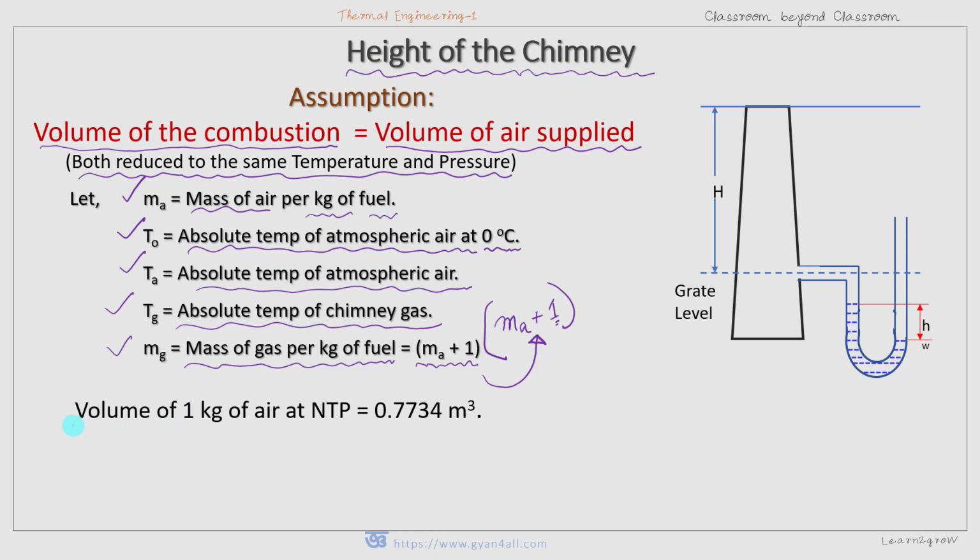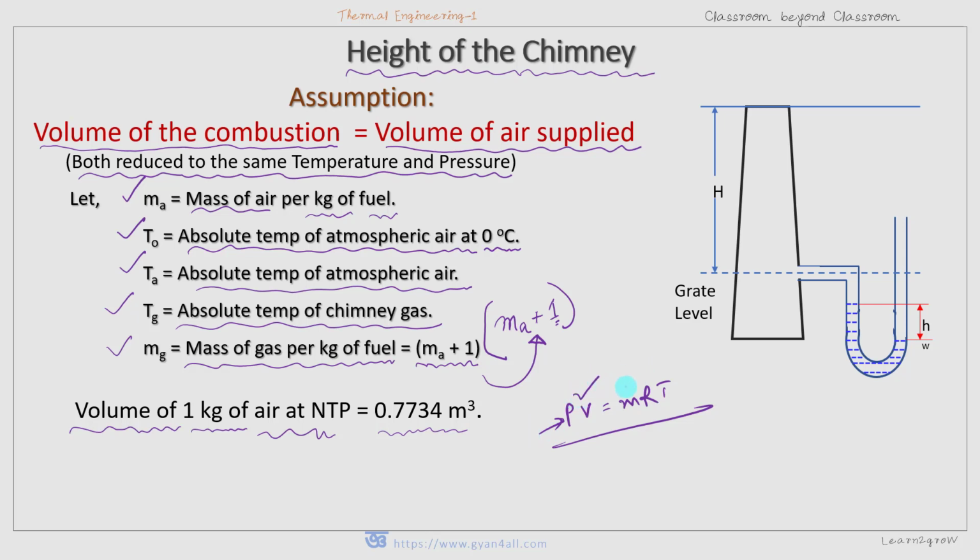We all know that the volume of 1 kg of air at normal temperature and pressure is approximately 0.7734 meter cube. We can calculate it from the formula PV equal to mRT, in which P is the pressure, which is atmospheric pressure.